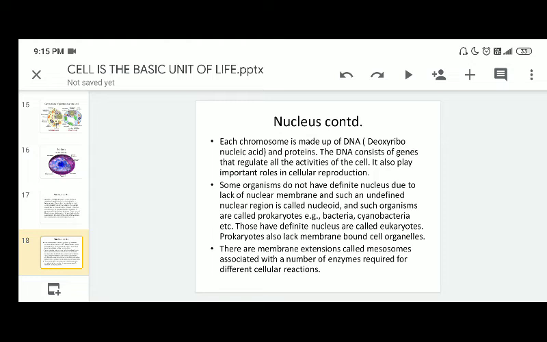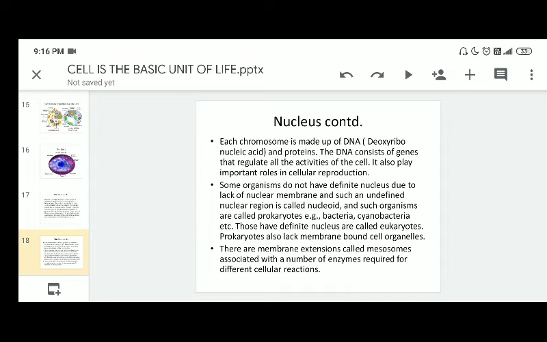The details of DNA you will study in your higher classes. It also plays important roles in cellular reproduction. So nucleus also plays an important role in reproduction. That means from one cell to two cells or 2 to 4 cells and so on.